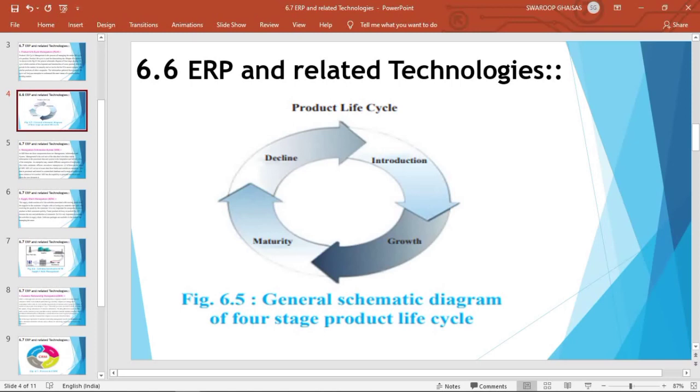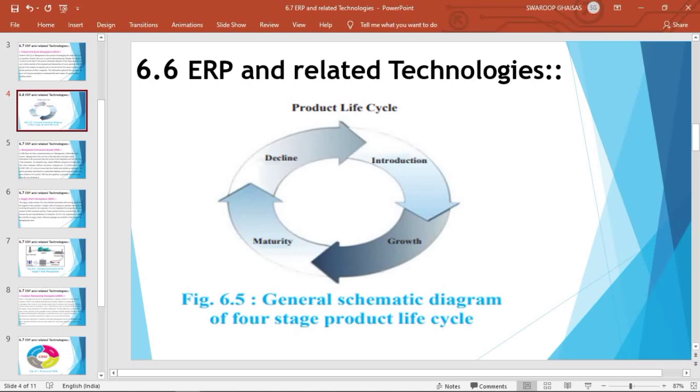After that, its growth. That is, once the product is introduced in the market, customers like that product and they purchase it, so that product will be in growth. Then maturity, that is, some changes will happen in the product as per the customer requirement.